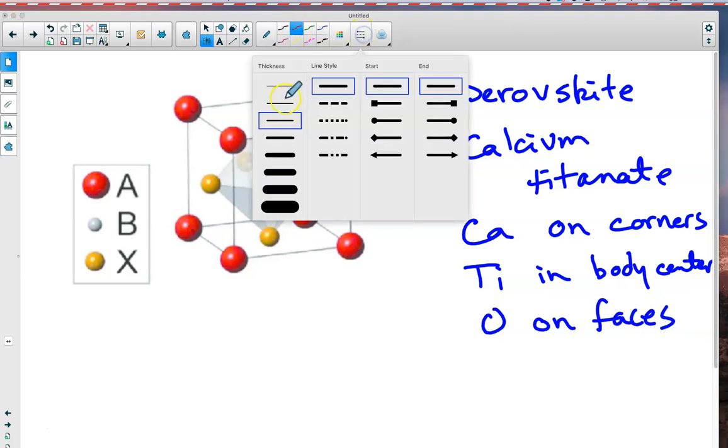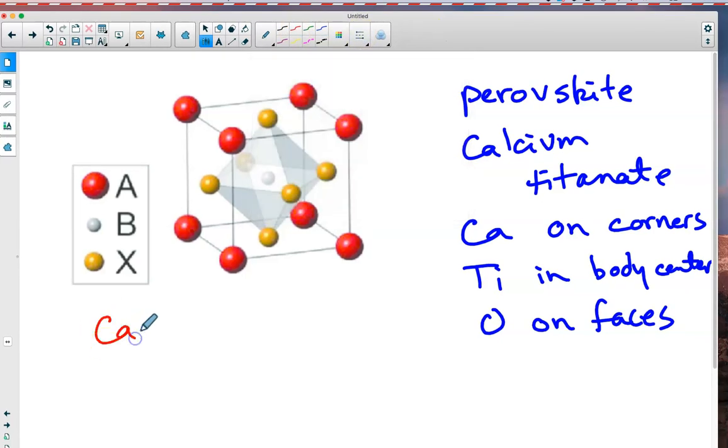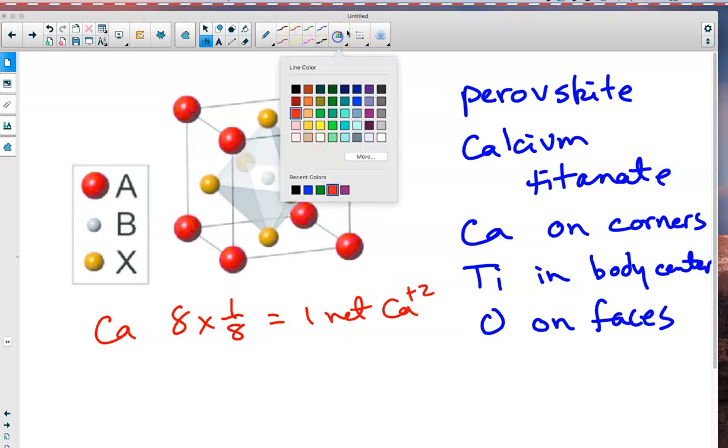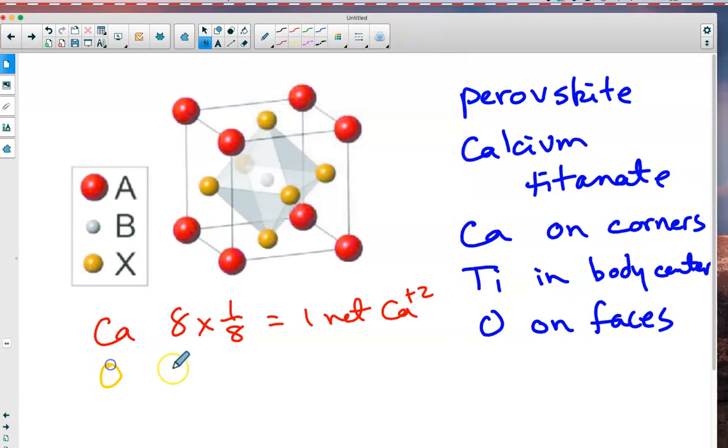So looking at those calciums, the calcium being on the corners, that's 8 times 1/8 to give me 1 net calcium, and that's a +2 ion. Looking at the oxygens on the faces, there's 6 of those, each contributing a half, so there's 3 net oxygens, and that's a -2 charge.